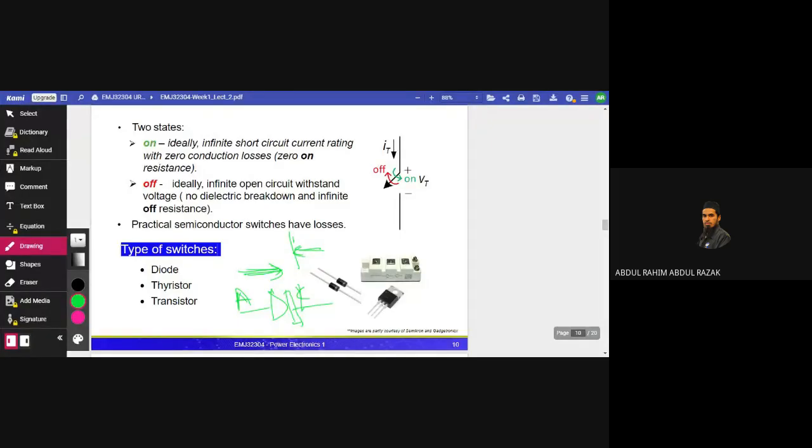Okay, again we have anode and cathode for the diode. So it will allow the forward flow. It will block the reverse current. And we have the transistor.